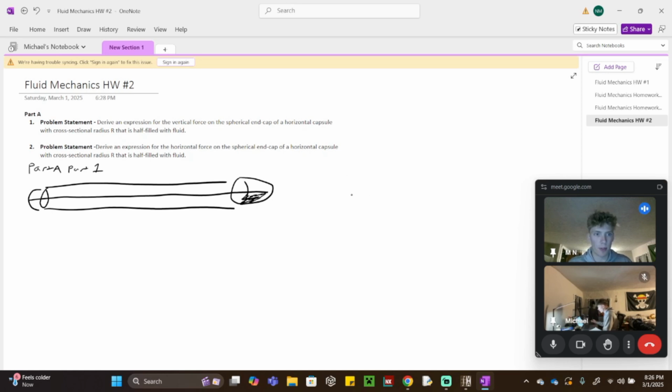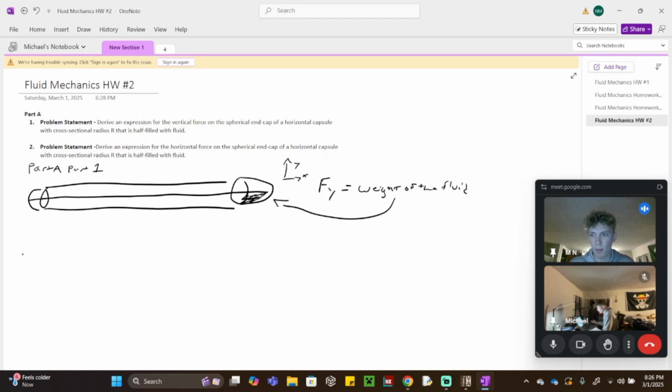So the vertical force will actually, if we're taking upward as y and horizontal as x, the vertical force, Fy, will be equal to the weight of the fluid in this section of the end cap.